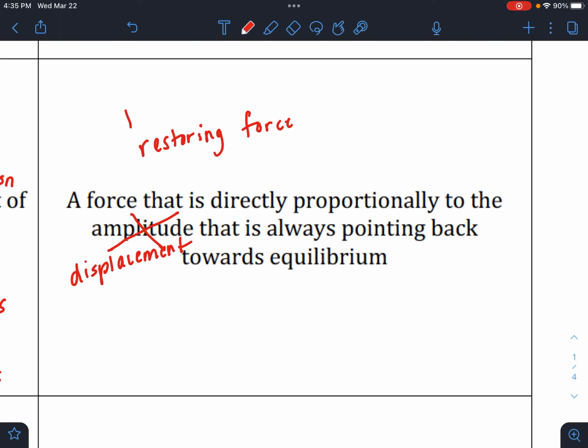And with springs, we're moving in a straight line, so that would be a linear restoring force. But there also is a torque, a restoring torque. And I will show that for pendulums, because the force of gravity on the object that we are swinging back and forth in front of us is applying a torque to bring it back towards equilibrium.